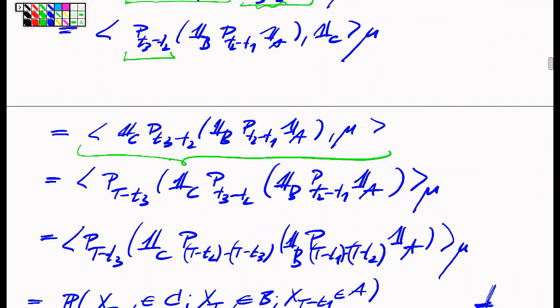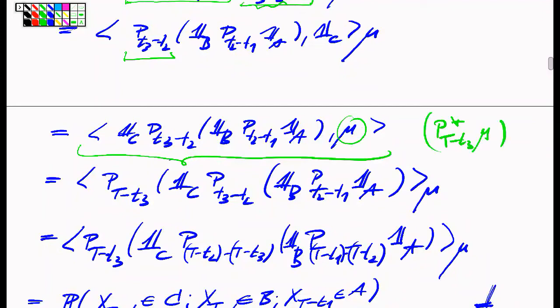And now we basically unwind these operations as follows. We replace the mu here in this bracket by PT minus T3 star of mu, which is the same as mu by invariance.